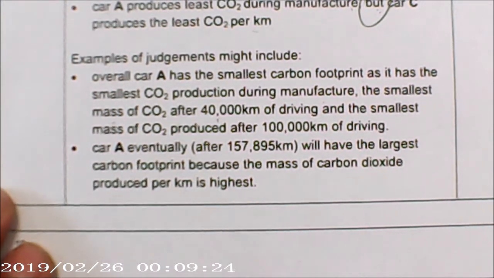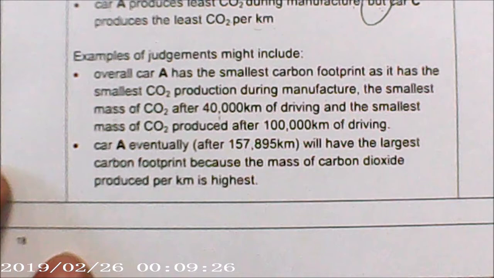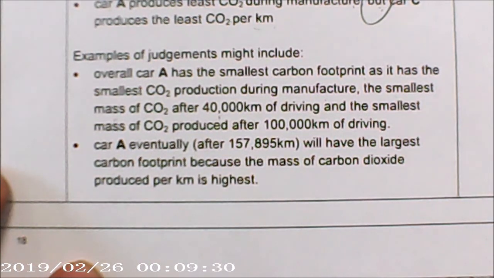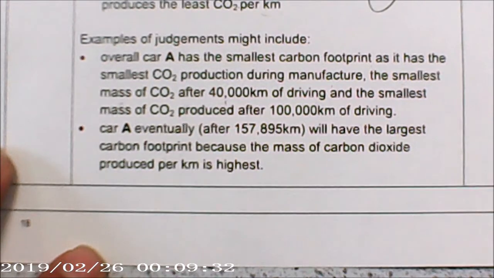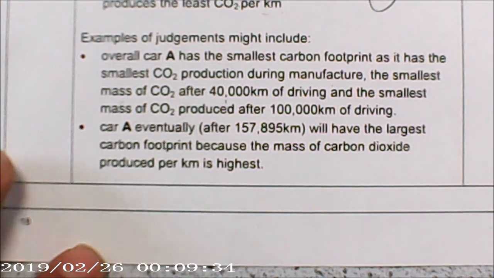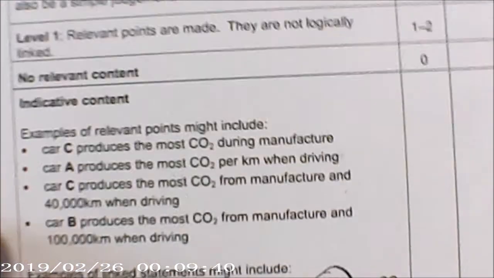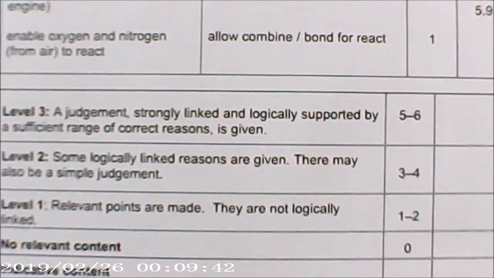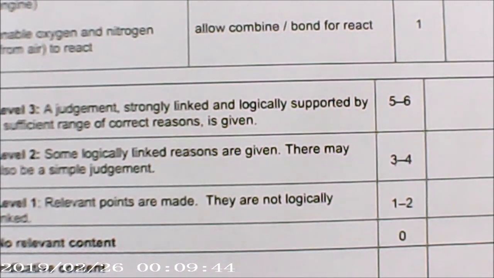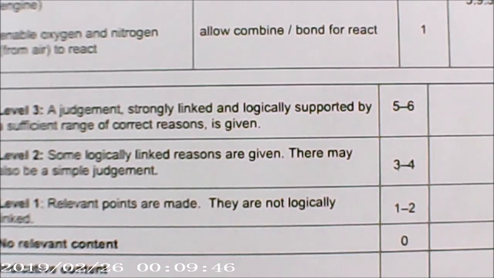Okay, or you might have said car A eventually will have the largest carbon footprint because it produces more carbon dioxide, so it would be better to get car B or C. Okay, so that is a thought out justification, and if you've got that, then that is going to be 5 or 6 marks. So give yourself a mark out of 8 for that, so that's the 6 marks on this and the 2 previous ones.